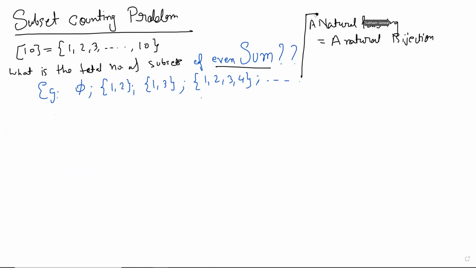So another observation is that these problems do not depend on the exact set. They just depend on, say, a set with 10 elements. Maybe a question will say set with 10 elements. It will not say this set, because you are only interested in the number of such things. It doesn't matter what is there inside the set. So you can take 1, 2, 3, 4, 10 because this is easy for us to think.